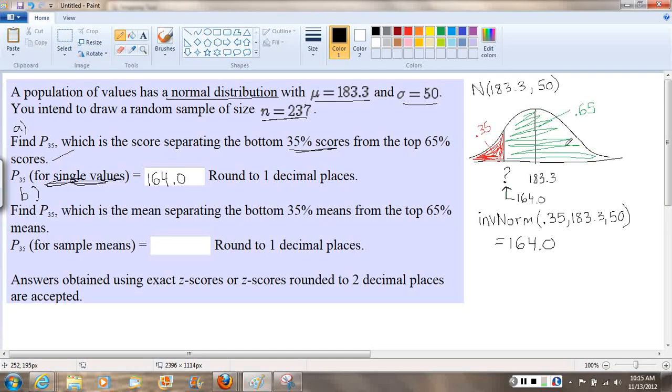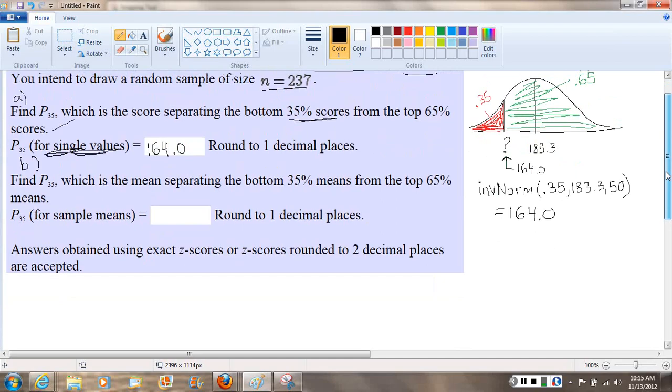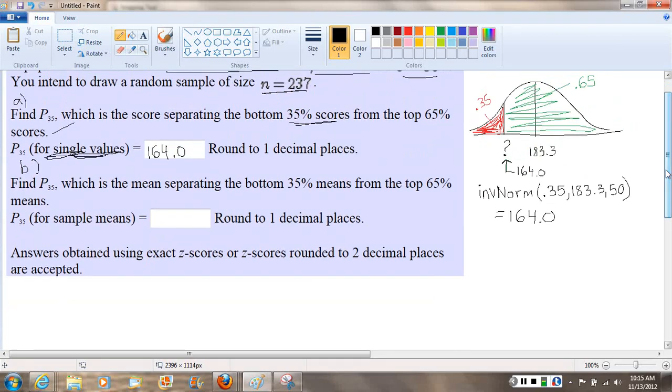Now let's scroll down a bit and take a look at part B. What is the mean which separates the bottom 35% of means from the top 65% of means? Notice the only thing that has changed is that one key word. Instead of talking about single values, we're now talking about sample means. So our distribution has changed.